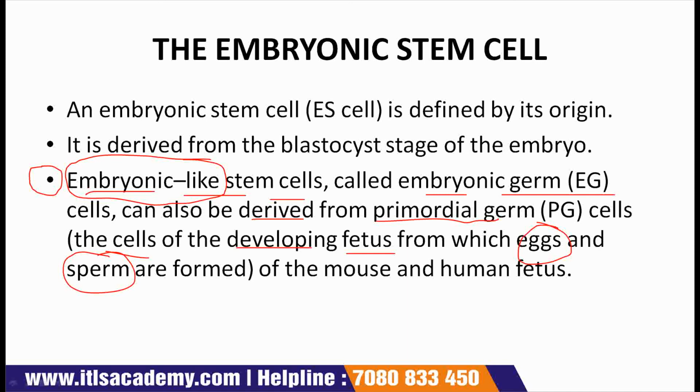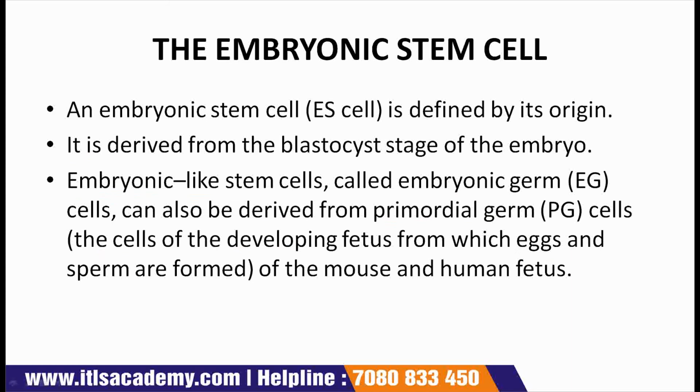Here, these primordial germ cells are discussed for the mouse and human fetus. Remember, in the case of mouse and human fetus, these primordial germ cells will always give rise to eggs and sperms, that is, to the gametes.